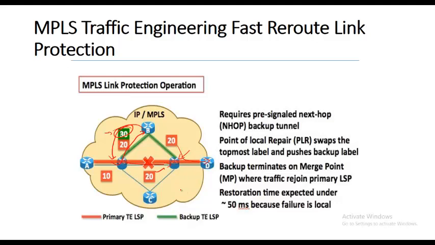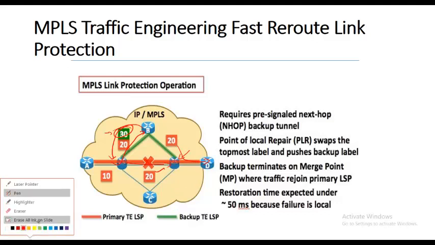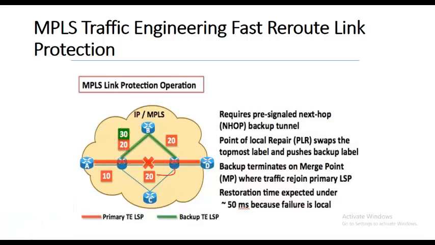So it is a pre-signaled next hop. Point of local repair swaps the topmost label and pushes back the label. The backup terminates on the merge point, where the traffic rejoins the primary label switch path.